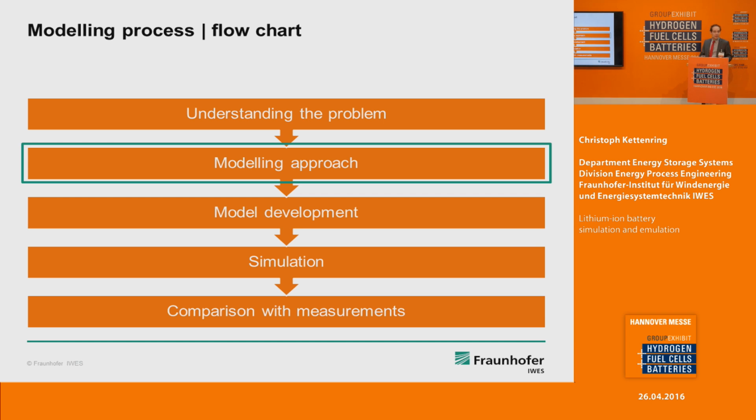You need not so much knowledge about the whole battery system, but you also have some disadvantages. You have no parameters with a physical meaning. You have a low insight in the model during the runtime, and you have only input and output behavior of a certain battery available.